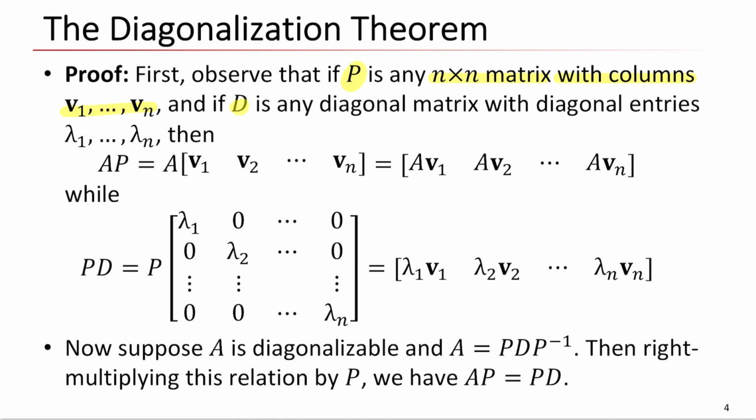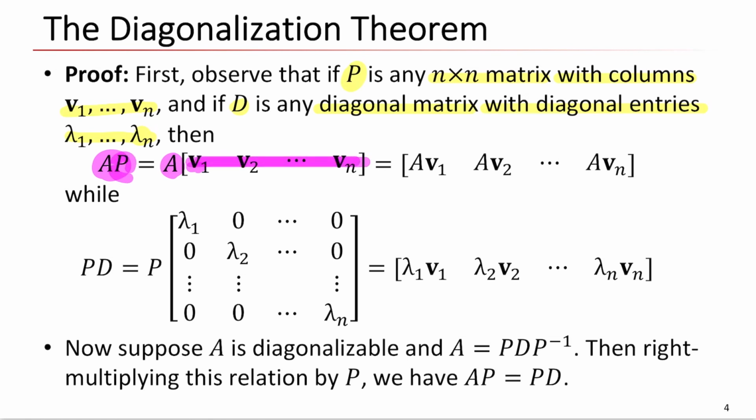And the matrix D is the diagonal matrix with the diagonal entries lambda 1 through lambda n. Then first of all, we can represent A times P as A times the matrix P, like this.